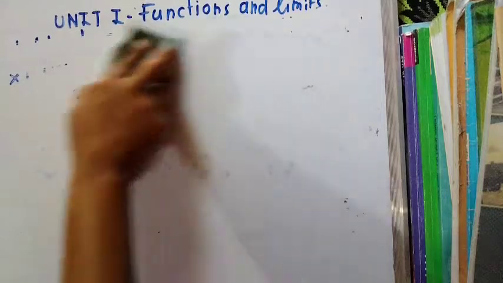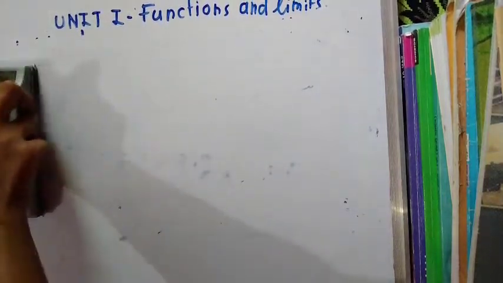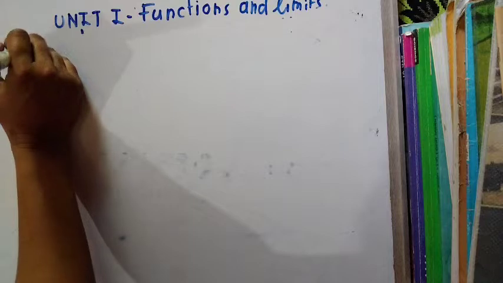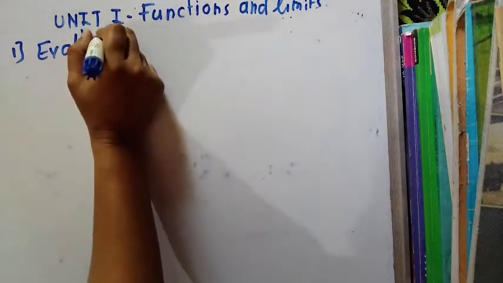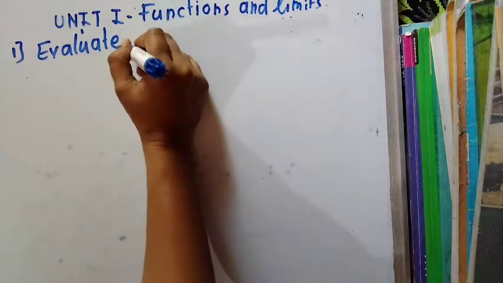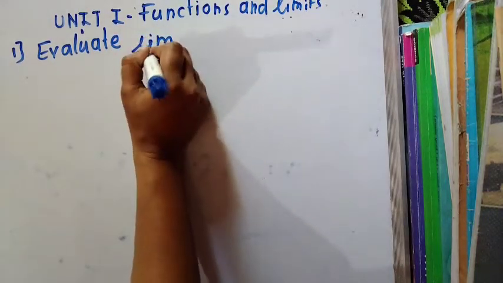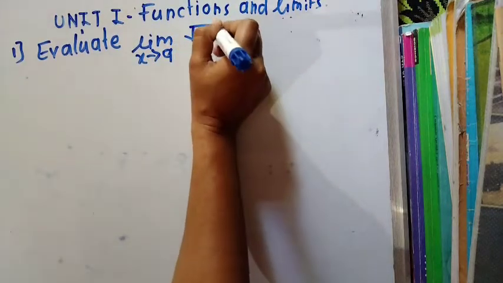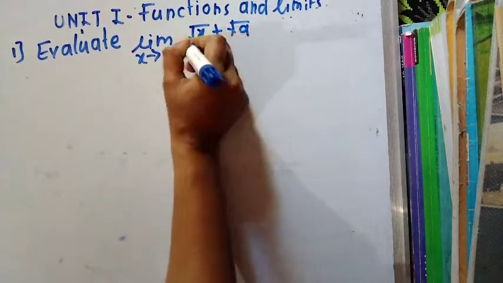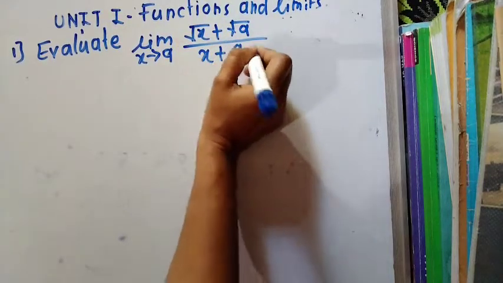Algebra of limits. So first, evaluate the limit x tends to a of square root of x plus square root of a divided by x plus a.